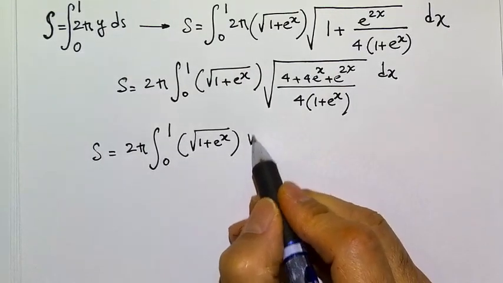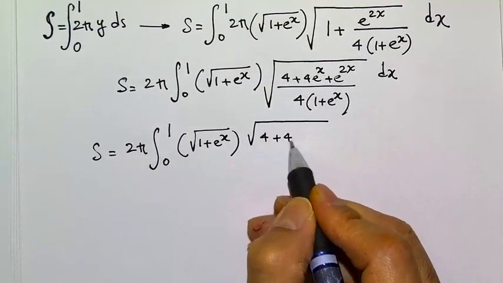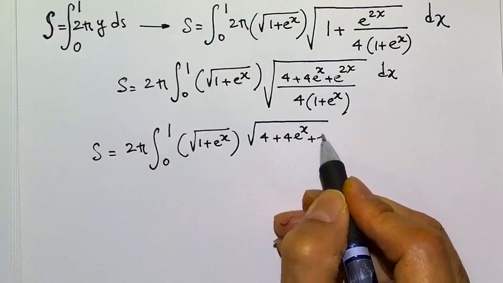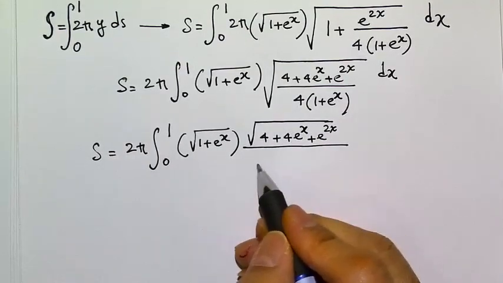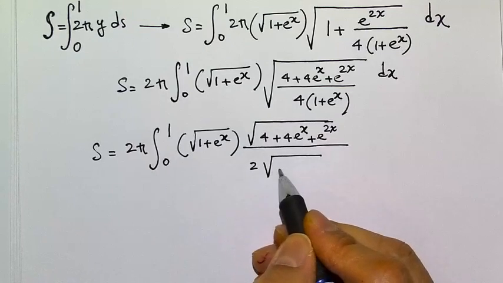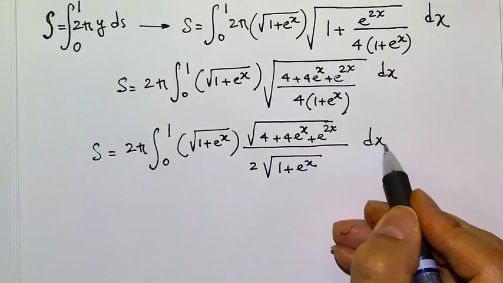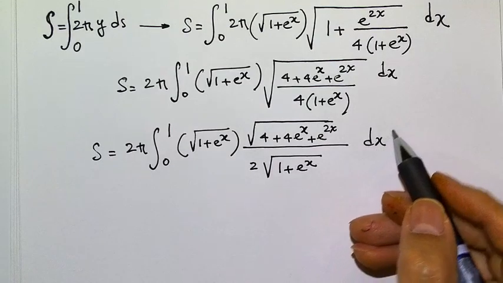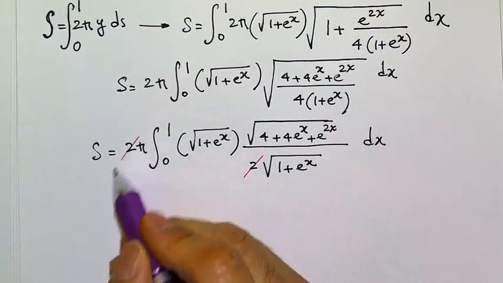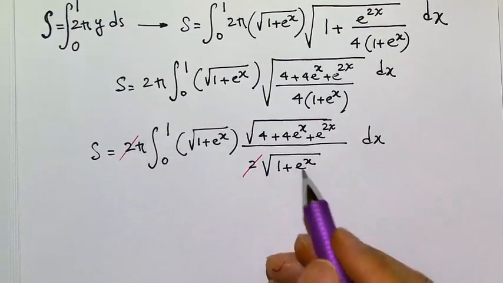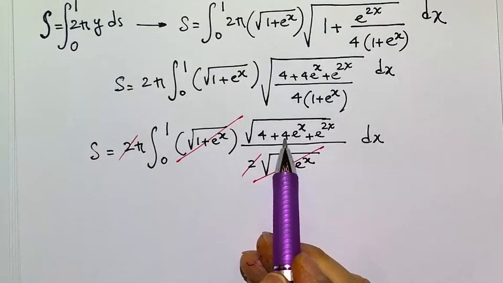We will get the square root of all of that divided by 2 times the square root of 1 plus e to the x, dx. So now this 2 once again cancels with this 2, and all of this cancels with this, so we'll end up with that.